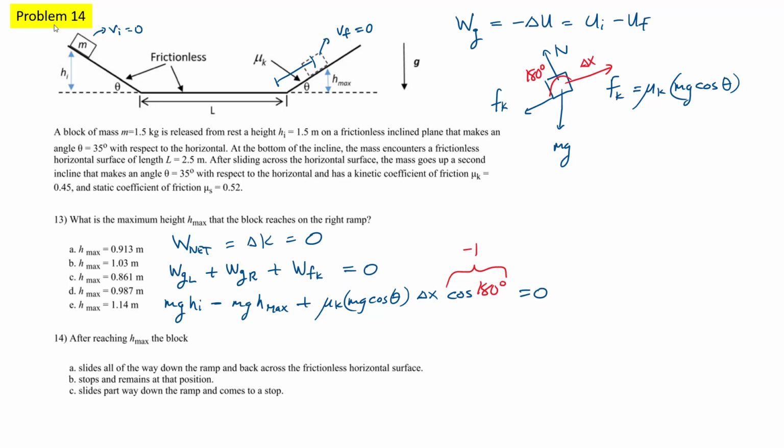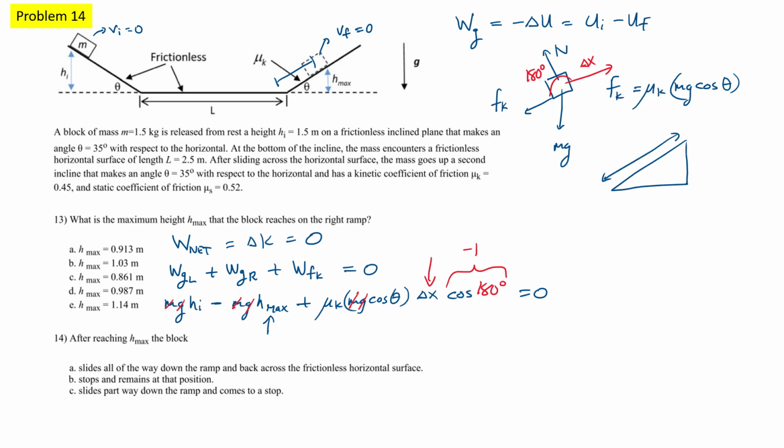So all we have to do now is a bit of algebra. We have to rearrange this to find what is this maximum height. Okay, so what we can do is divide through by mg. You see all the terms have mg, so that simplifies your life a little bit. The other thing I have to worry about is what is this delta x? So for that, let's think about this ramp. Delta x is the distance that I slide on that ramp.